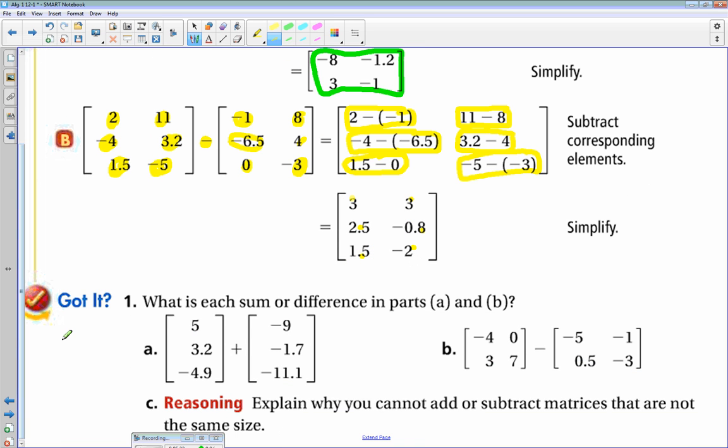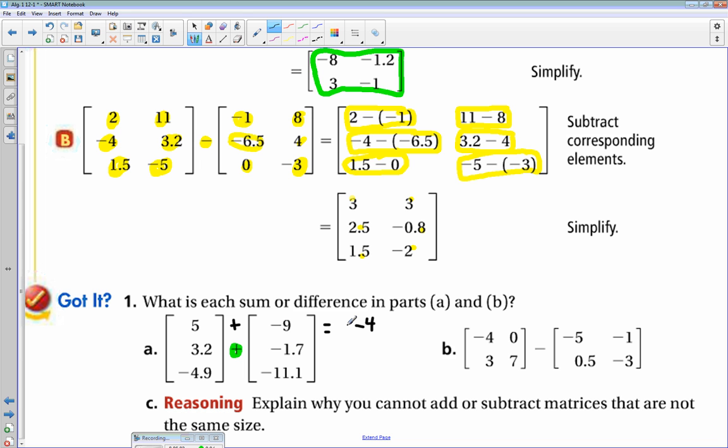So let's see how we would do that here. So my operation is plus, so I have 5 plus negative 9, which is negative 4. I have 3.2 plus negative 1.7.